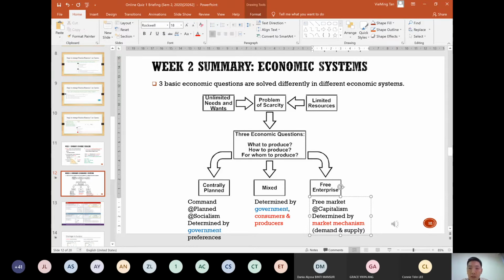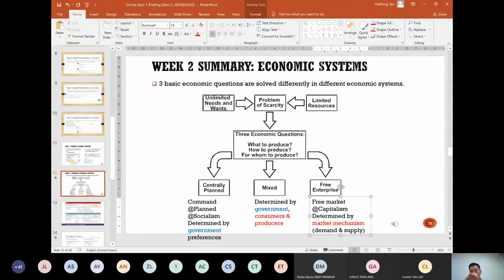All right. So in between the planned economy and the free market economy, there is another type of economic system we call mixed economic system. A mixed economic system uses a mixture of the socialism and capitalism economic systems.